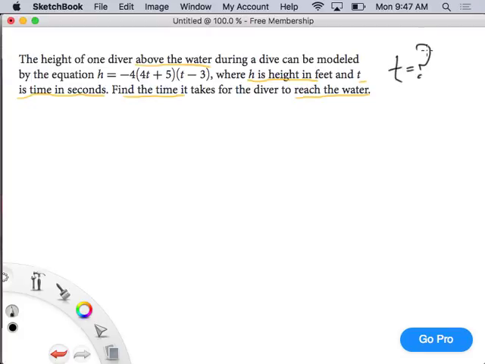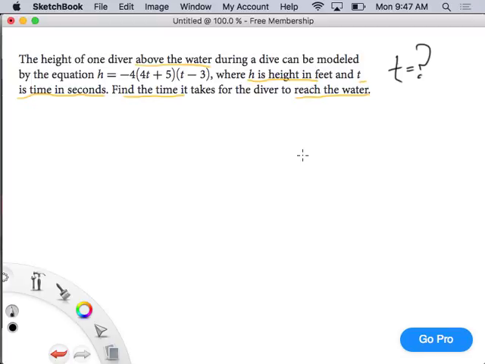So t equals what? What else do we know? The time when what? The diver does what? Reaches the water. Well, when the diver reaches the water, what do we know? What does that mean for maybe the variables in our equation? What does that mean about h?